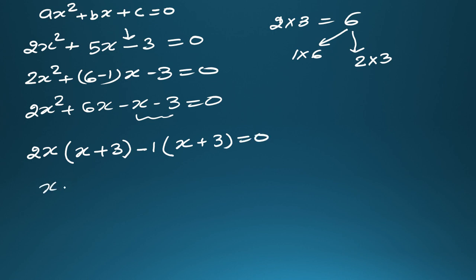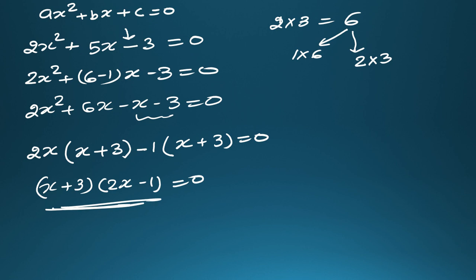Now x plus 3 can be taken common from the complete equation, and in the other bracket you will get 2x minus 1 is equal to 0. So this is the factorization. If you have to solve this equation, you can simplify it further by putting x plus 3 is equal to 0 or 2x minus 1 is equal to 0.